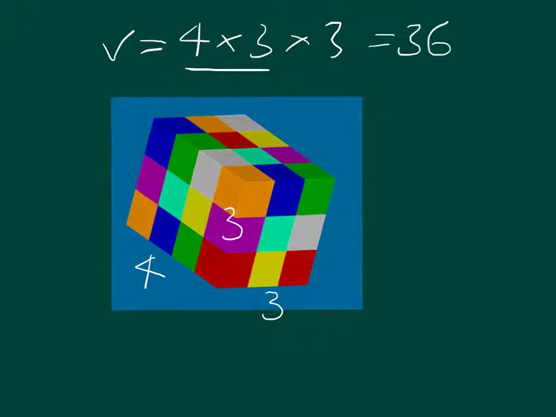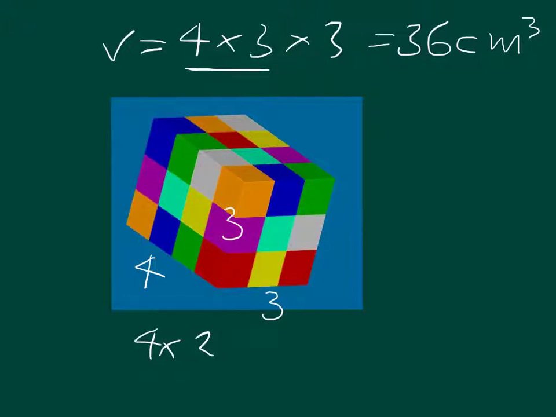So this cuboid has a volume of 36 centimetres cubed. The base layer is 4 times 3. The base layer is 4 times 3, but there's 3 of them. That's the second layer, and there's the third layer. So the base is 4 times 3, and then it's another 3 because of the 3 layers.